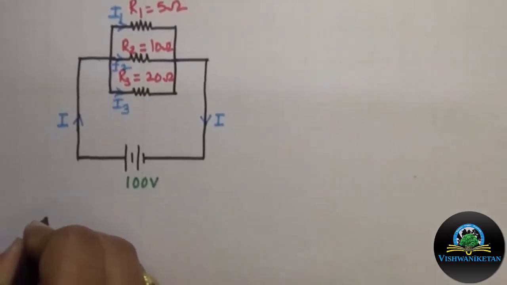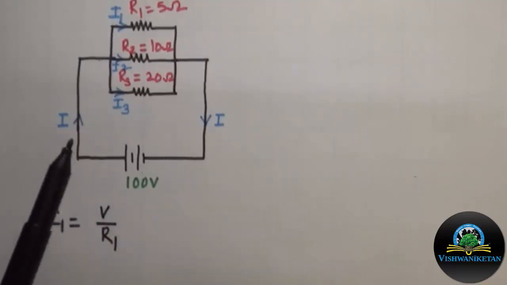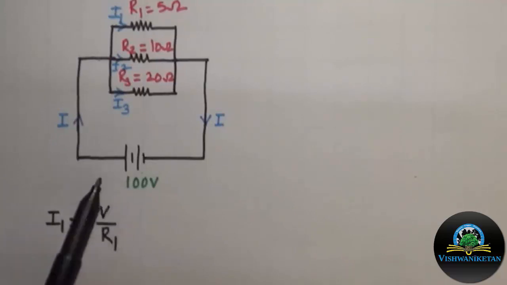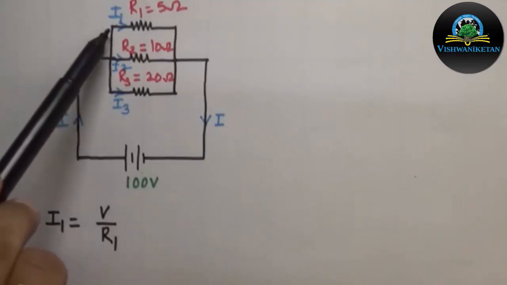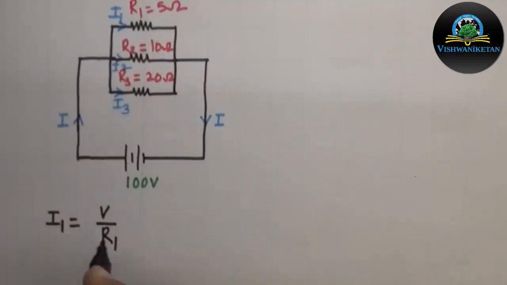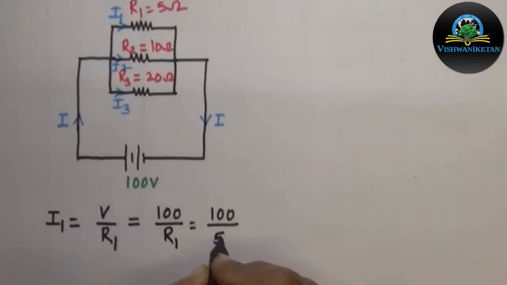Current I1 can be calculated as I1 equals V divided by R1, where V is the supply voltage, which is 100 volt, and R1 is the resistance through which current I1 is flowing. The value of R1 is 5. So by substituting the values of V and R1, we get I1 as 20 ampere.